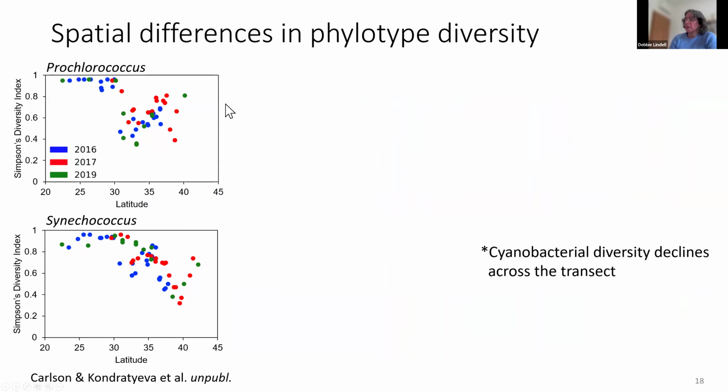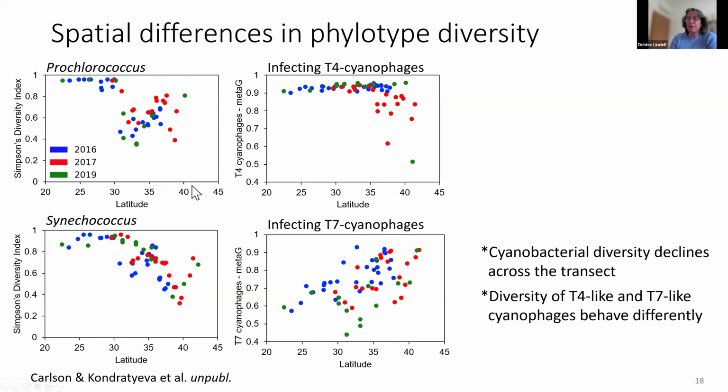Okay, now if we look at an overview of these spatial differences in phylotype diversity, we see that Prochlorococcus diversity is high in the subtropics, and it declines as we go north, and we see a similar pattern for Synechococcus. When we have a look at the cyanophage diversity, we see a bit of a different picture.